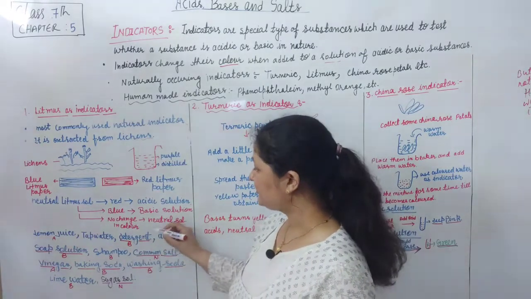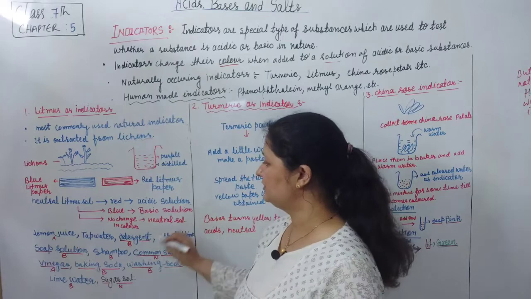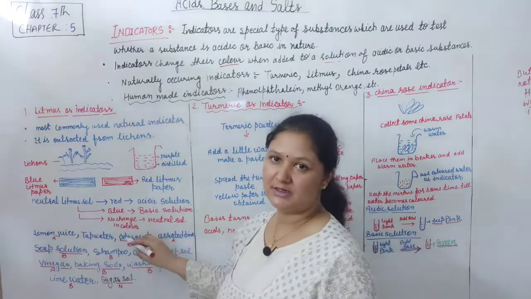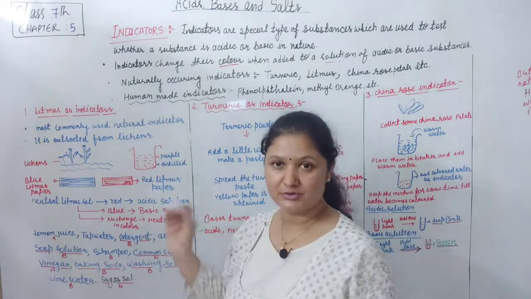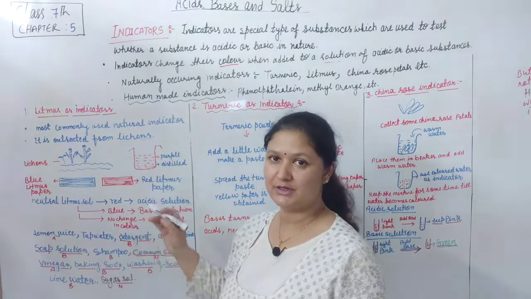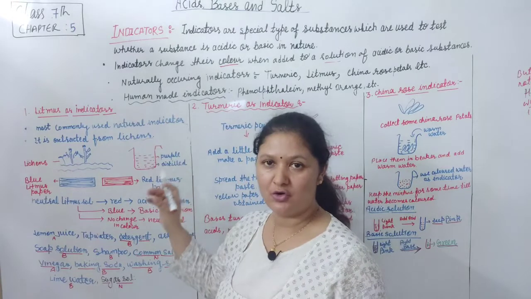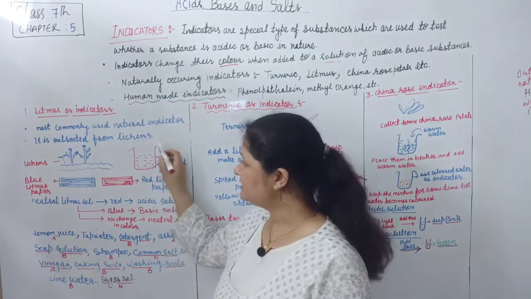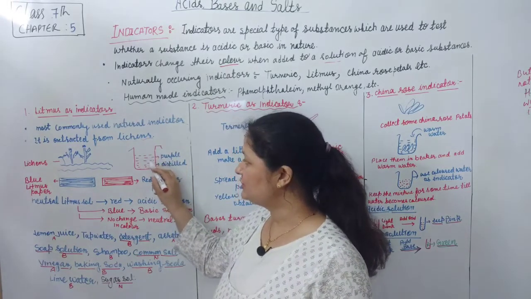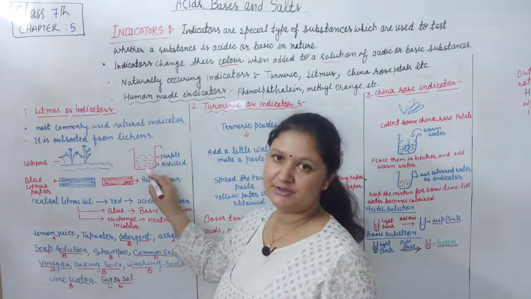And in neutral solution there is no change in color, means when we add a neutral substance like salt or sugar to this neutral litmus solution, then there is no change in color.